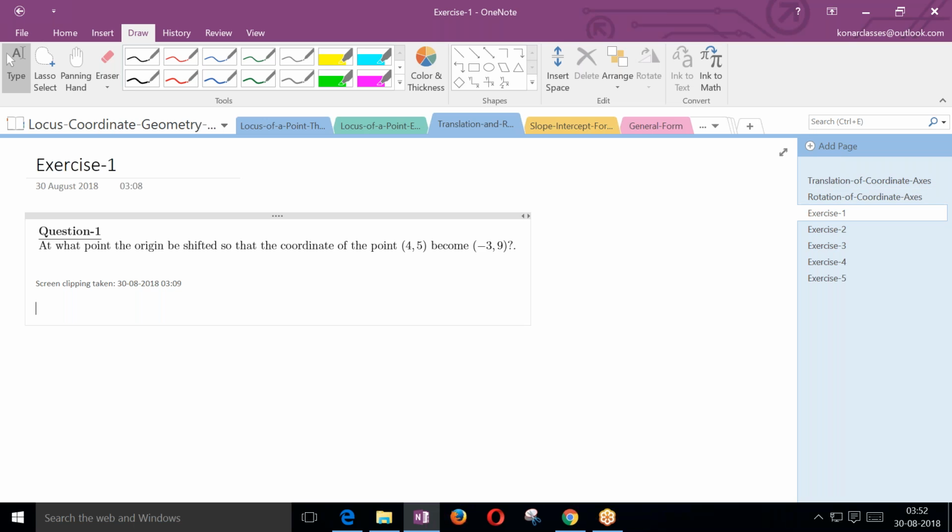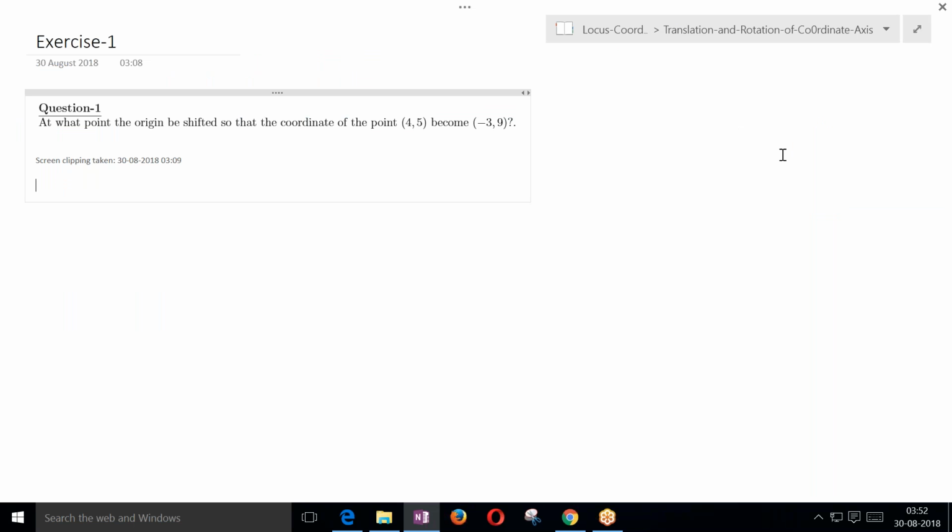The question says: at what point should the origin be shifted so that the coordinates of the point (4, 5) become (-3, 9)? That means you have a point (4, 5) with respect to a coordinate system, which is our OX, OY coordinate system.